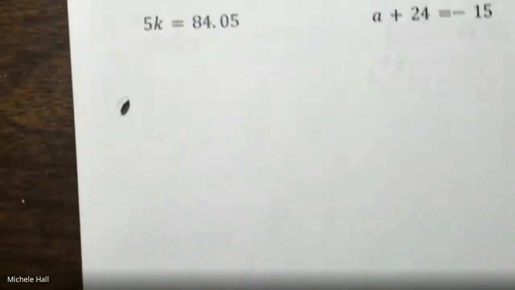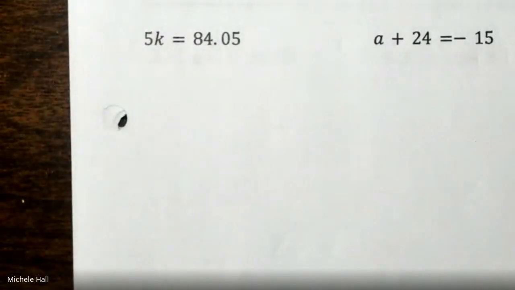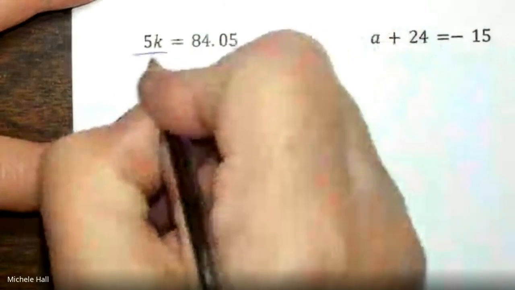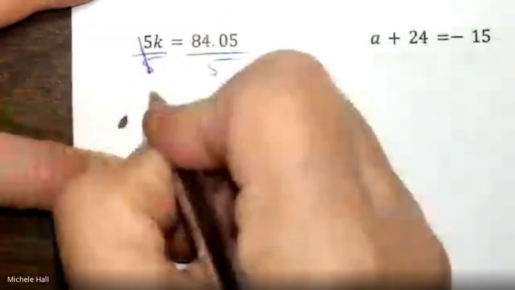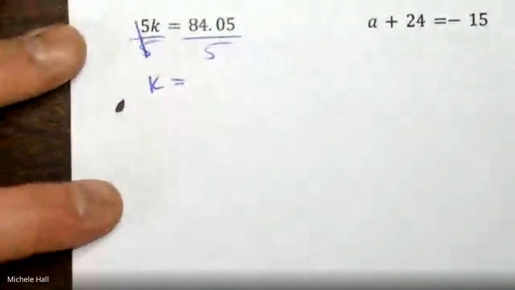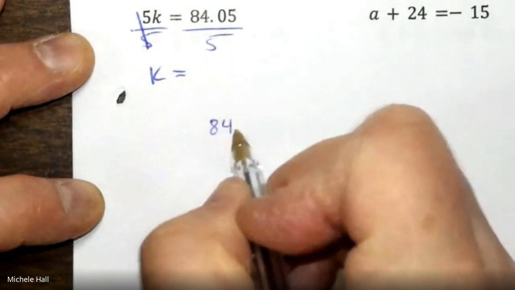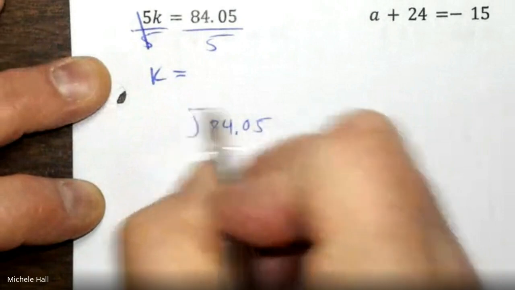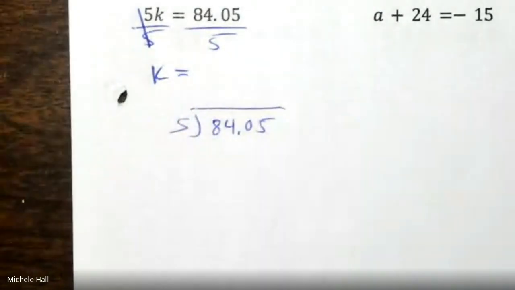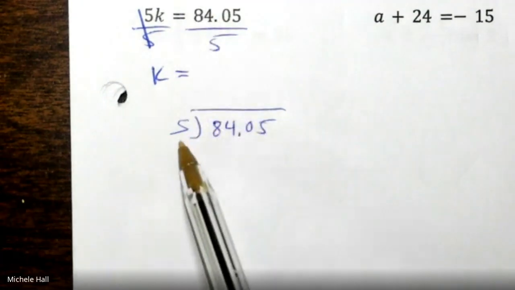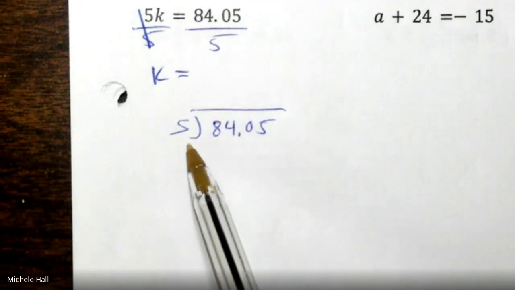Okay. 5K equals 85.05. K is being multiplied by 5, so I divide by 5. And then I try to give you enough room to always do your work right here. So it's 85.05 divided by 5. Do I have to move my decimal? No, because I have a whole number, 5. So I don't need to worry about moving it.